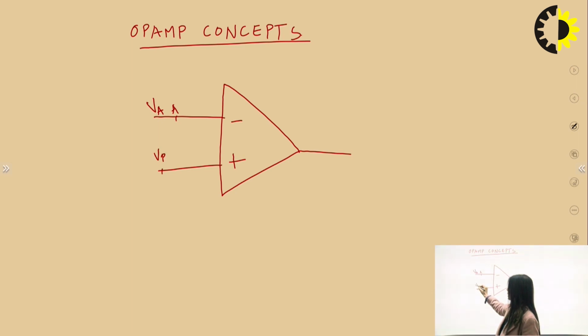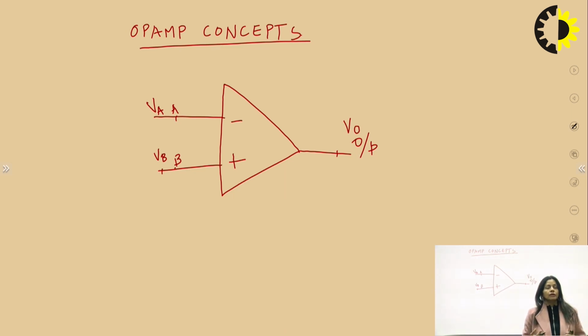This is my B point, and the potential of this B point is VB. Now here we will take the output or VO of the Opamp, the output terminal, right? This is inverting terminal and this is non-inverting terminal, right?